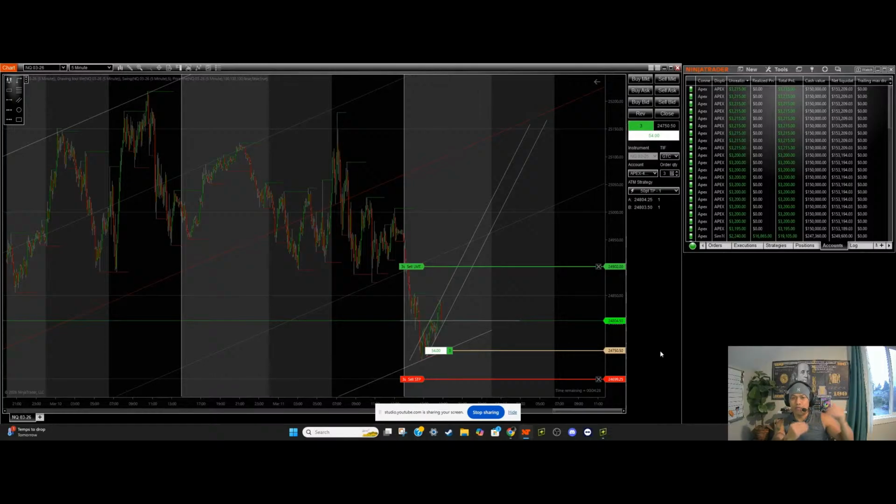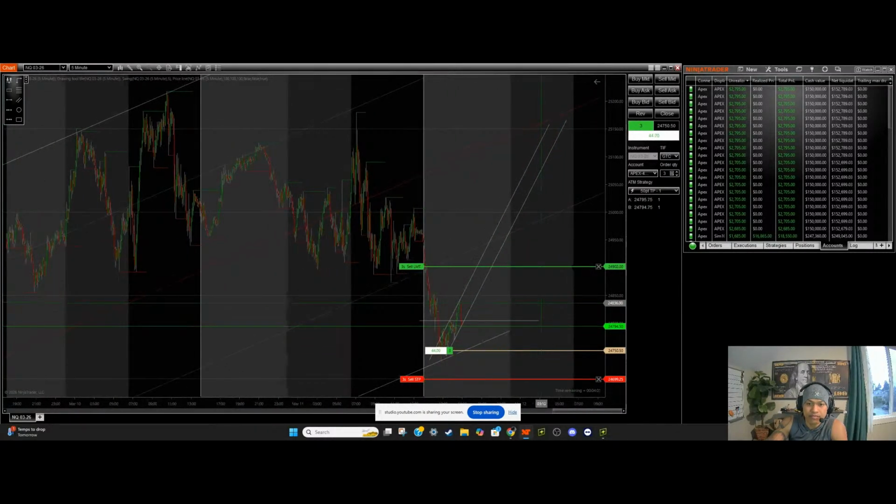Now, if you had the 150K trailing drawdown with a max loss of 2,000 for the day, we would have been stopped out already. We would have gotten liquidated for the daily max loss. But you have to factor that in.